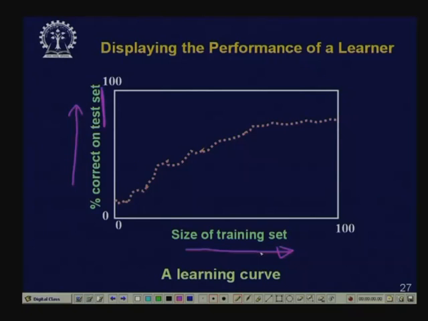And as we include more and more training examples, we plot the accuracy of the classifier. We may typically get some curve like this, and the accuracy may increase or decrease as the number of training examples increases. This sort of curve is called a learning curve.